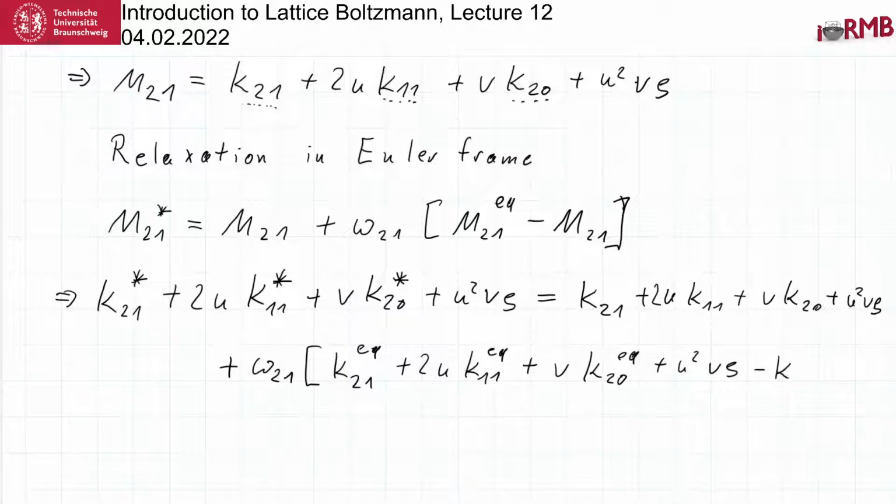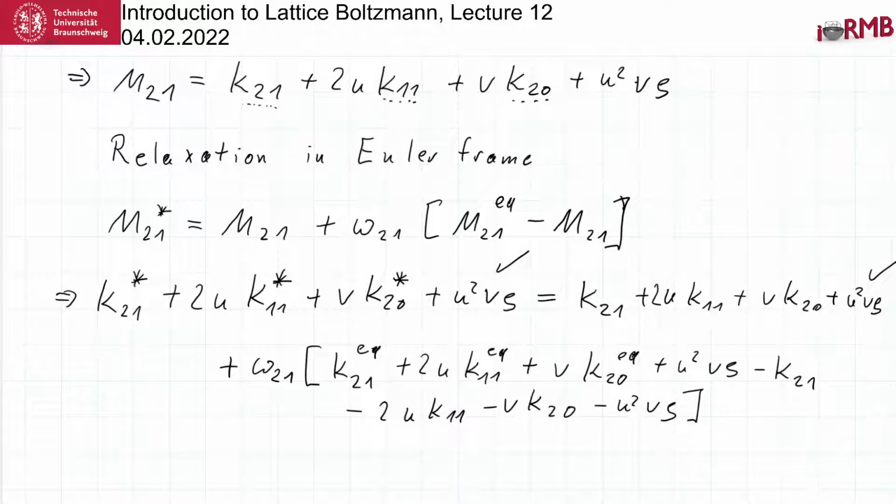Comes the pre-collision part, minus k21 minus 2u k11 minus v k20 minus u square v rho. Okay, so what we see again is that this conserved part can always be eliminated from here and also from here.